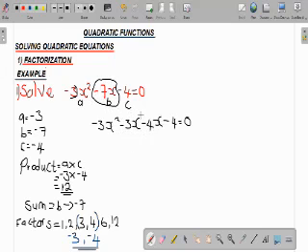The reason we split them is so that we can factorize 2 terms on this side, and 2 terms on this side as well. To factorize these terms, the common factor here is negative 3x.